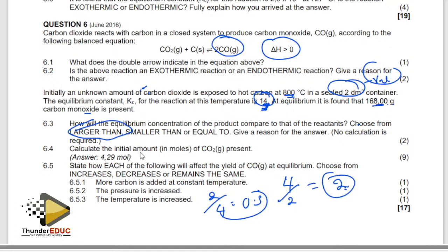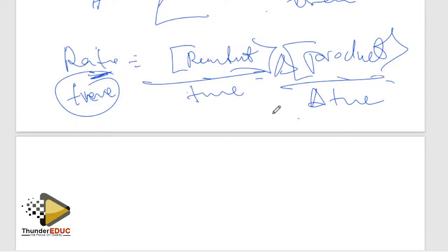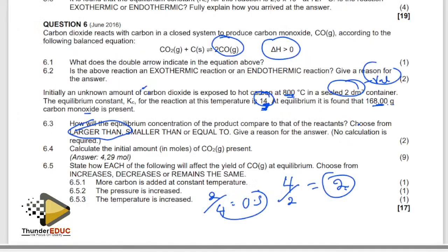Number 2: calculate the initial amount of carbon dioxide present. So in this case, what are you going to do? You have to use the rice method, and then we are able to get everything here. I don't know what you are using, but I call it rice.